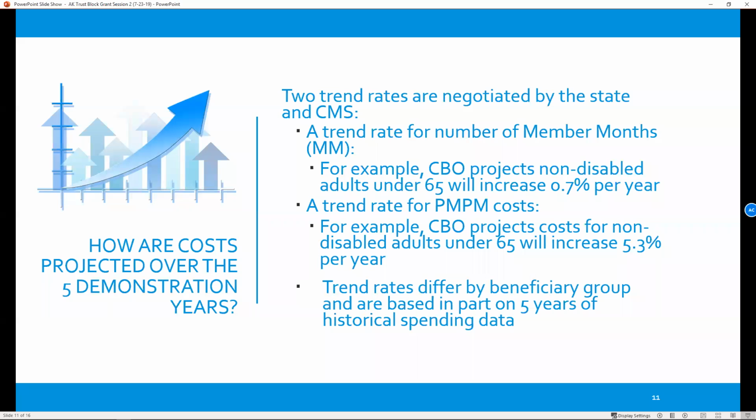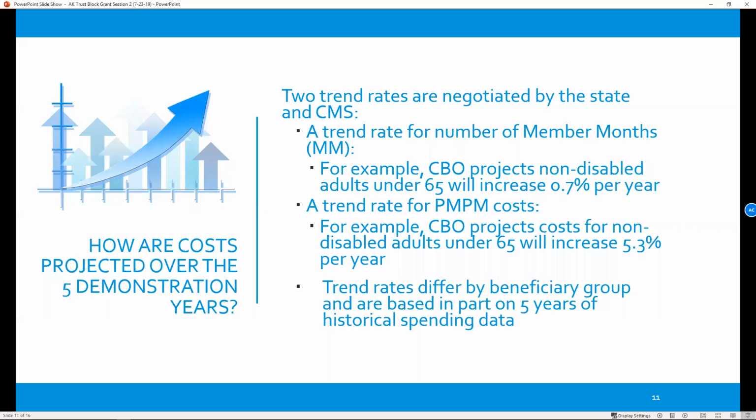And so in order to come to an agreement around budget neutrality, there has to be an agreement not just on the number of member months, is that data accurate, the amount per member per month spending, but over each of the 5 years of the waiver period, are the trends over that time something that we, the federal government, and you, the state, can agree on.